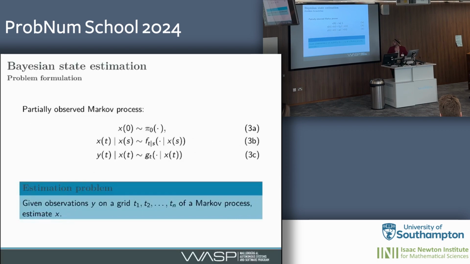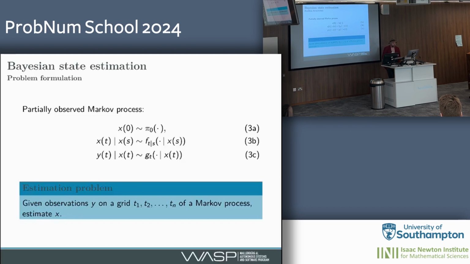That means we can just write it down like so. We just need to specify an initial condition for the state, the transition density for the state, and then some measurement model for the state in case a state is measured at some particular point in time. I call this measurement thing g.